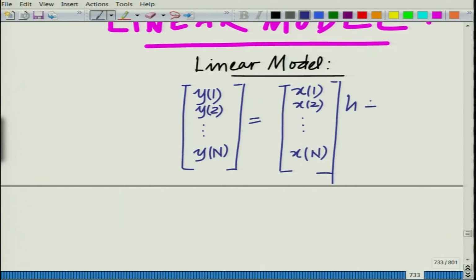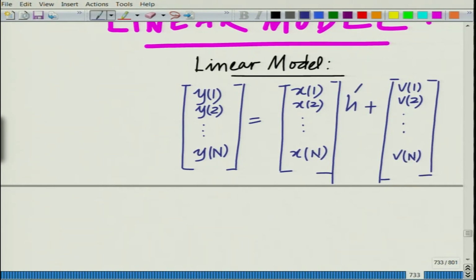So you have the parameter h plus we have v1, v2 up to vn. So this is the parameter that we would like to learn, and let us assume that this is a Gaussian parameter.